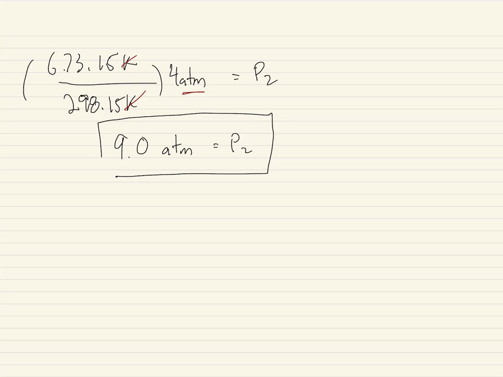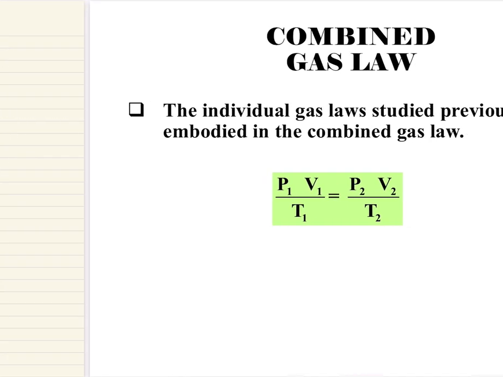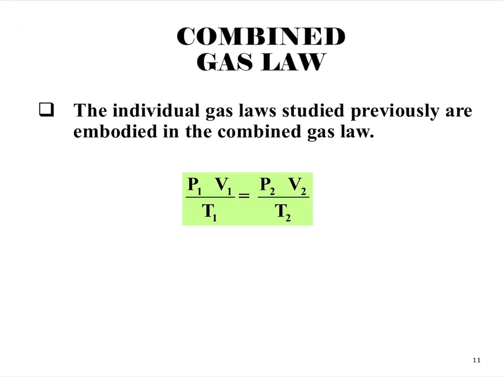All right, so for this one, if we're working in units of pressure, as long as we have one unit of pressure for the pressure we're starting at, you don't really have to convert it, because the other unit, in this case the temperature, is always going to cancel out in these problems. Where you do have to start being concerned about it is when we're looking at the combined gas law. The combined gas law is an early derived empirical relationship that just combines everything that we've said before, right?